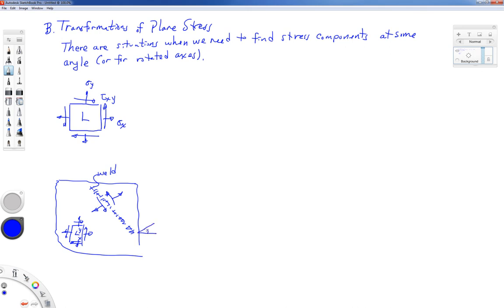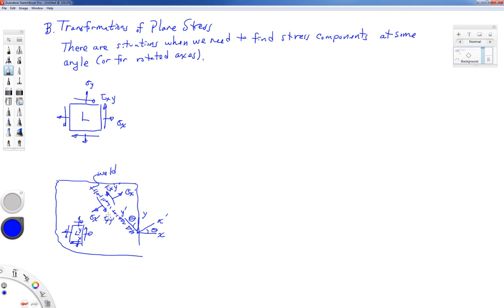So if this was the horizontal axis, there's perpendicular to the weld line. This would be what I call my x-axis and my x-prime axis. Here's my y-axis, and then my y-prime axis would be off this way. And that would be the same angle theta if we keep those coordinate systems at 90 degrees apart. So we may be interested in finding my stress components, which I can call, in this case, sigma x prime, which should be on this side as well, tau x prime y prime.